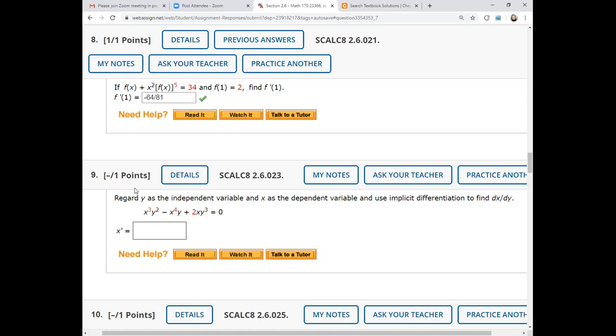So then when I differentiate this, the derivative of the first function, x cubed, is going to take an implicit derivative.